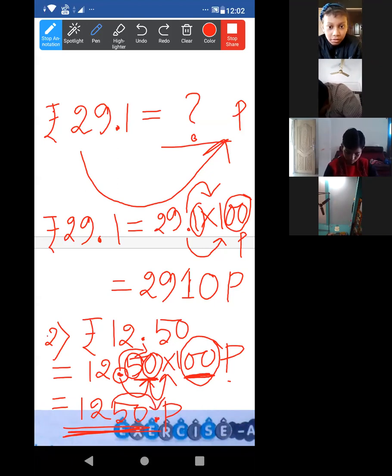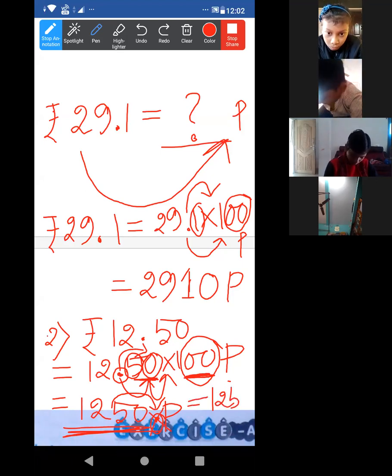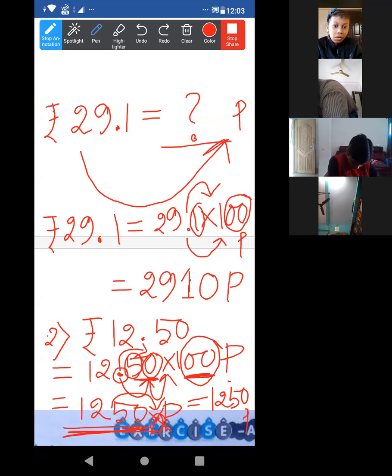But when the decimal point is at the last, then no need to put it. If we don't put it, it will be correct. Just put 1250 paise. Understood? Because the decimal point is at the last, no need to put it. Now it is clear.